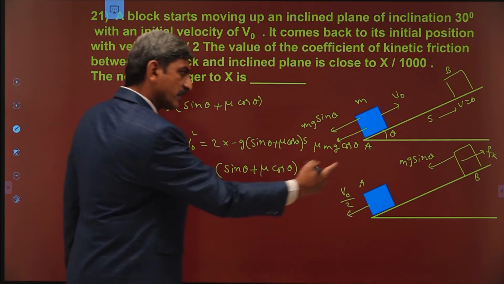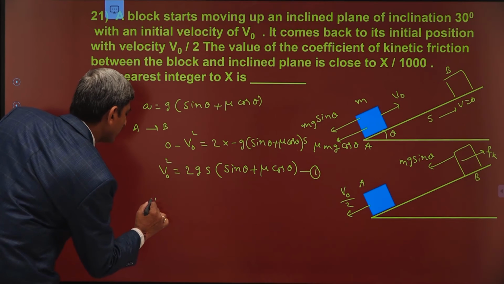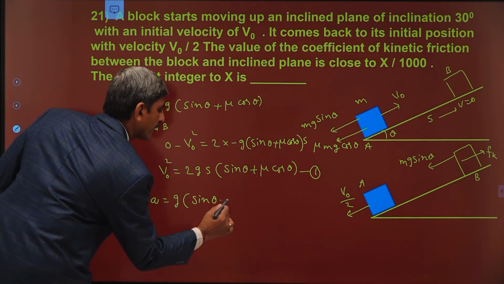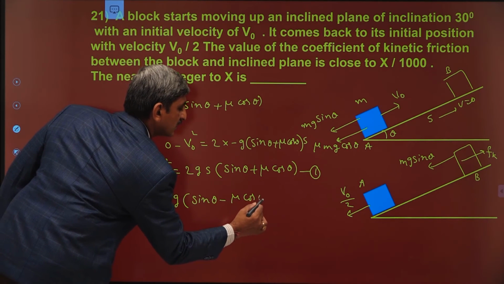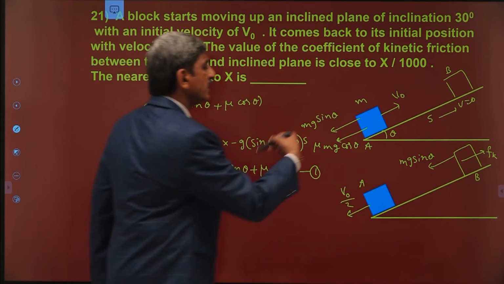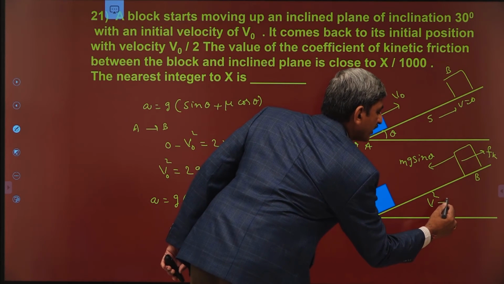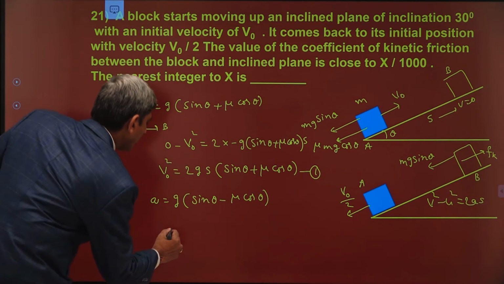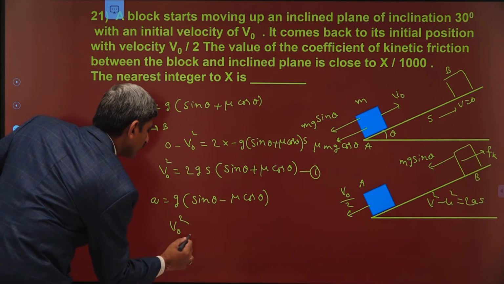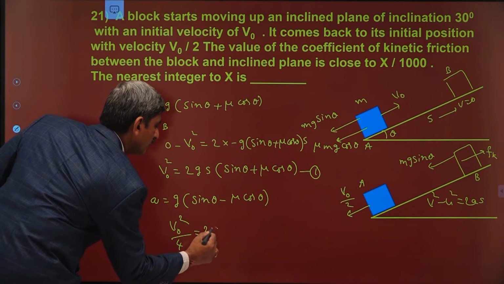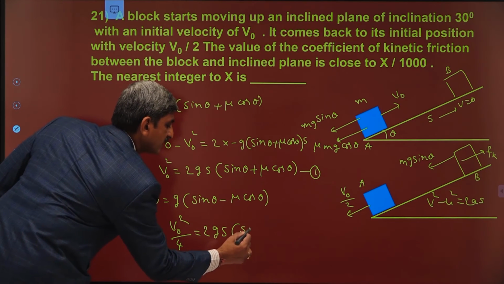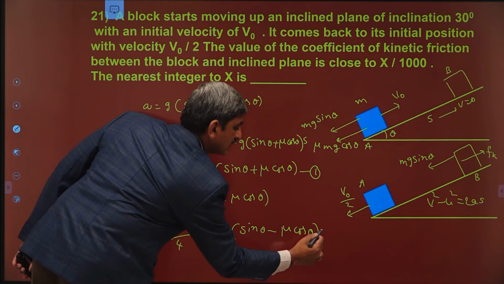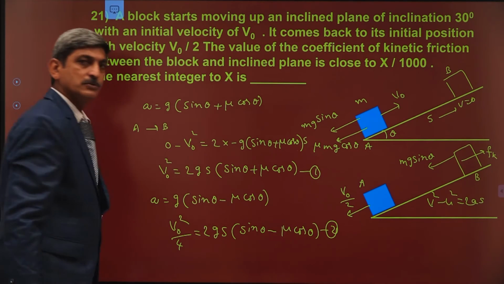So for the body moving downwards, the acceleration is a equal to g of sin theta minus mu cos theta. By applying the equation v square minus u square is equal to 2as, again we have v0 square by 4 is equal to 2gs into sin theta minus mu cos theta. Let it be equation number 2.